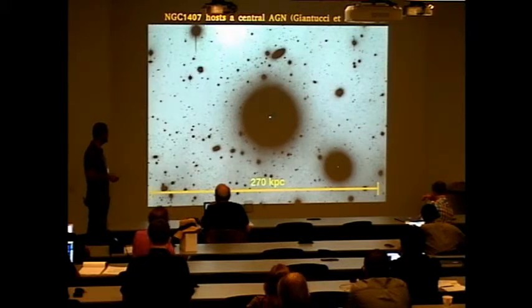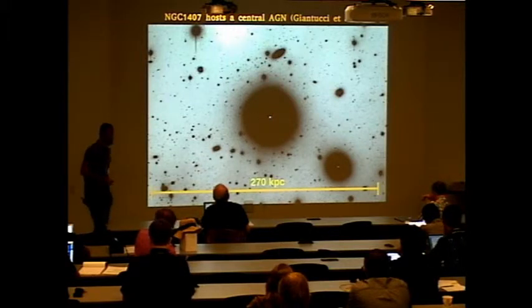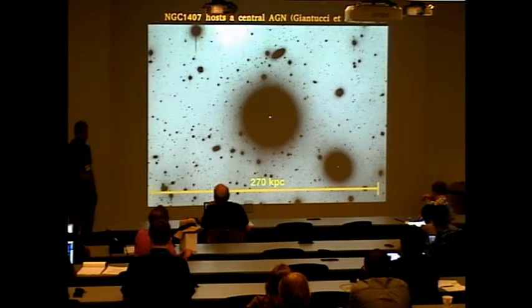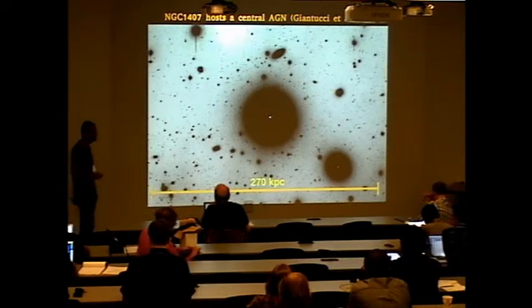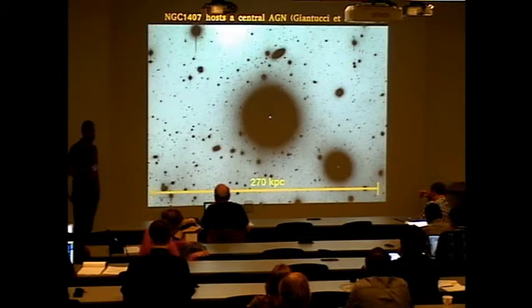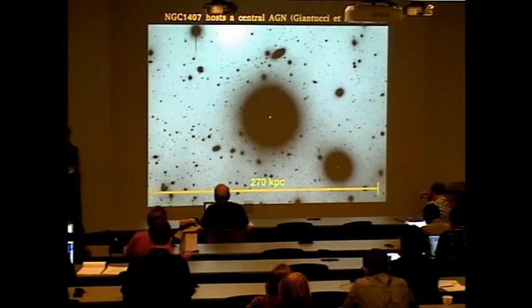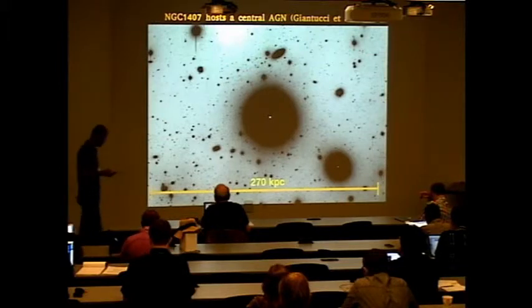But what you cannot measure, or at least what is very hard to measure, is beta, which is linked to the orbits of the stars or the trace particles in the system. And what you also don't know is the total mass of the galaxy, and this is what we want to try to measure.